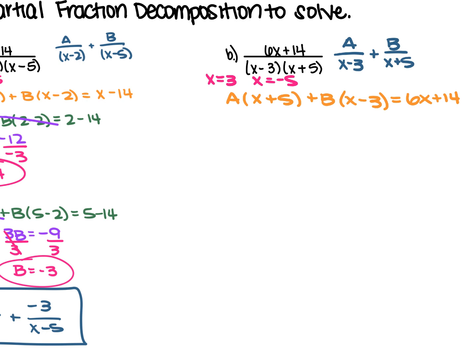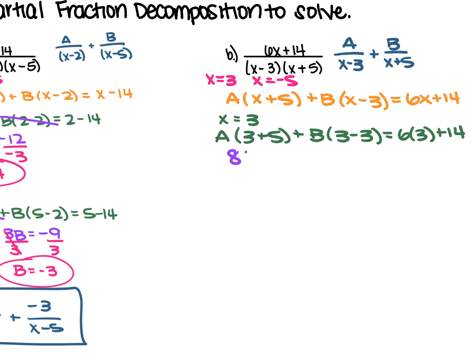So from here, you've got to put 3 in first, so that'll be a times 3 plus 5 plus b times 3 minus 3 equals 6 times 3 plus 14. So that'll be 8 times a. And then the b will cancel, the 0 is going to be 0, so it cancels out. And it's going to be equal to 18 plus 14, which is 32.